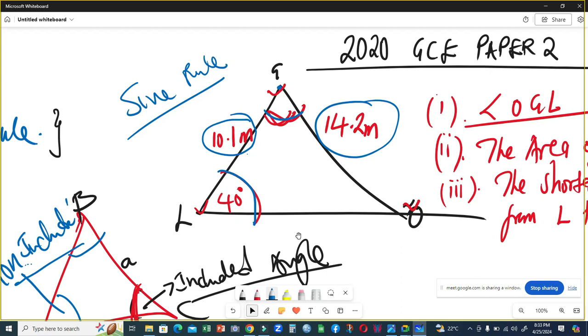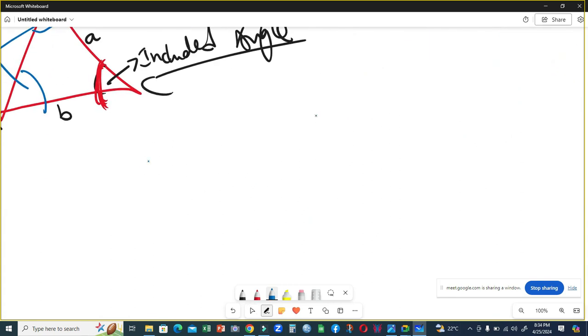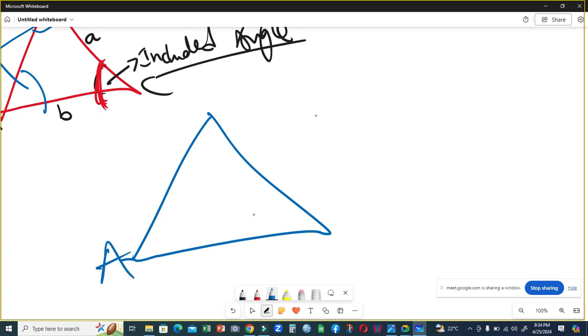The other way that you can identify whether this is a sine rule, let me just make a summary for you to know if it's a sine rule or not.